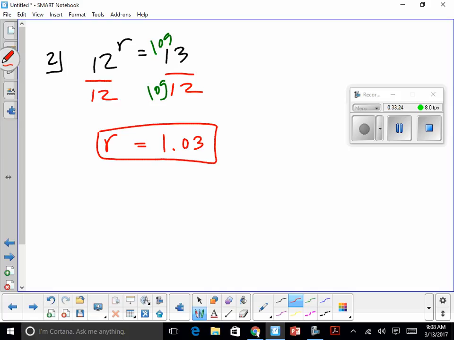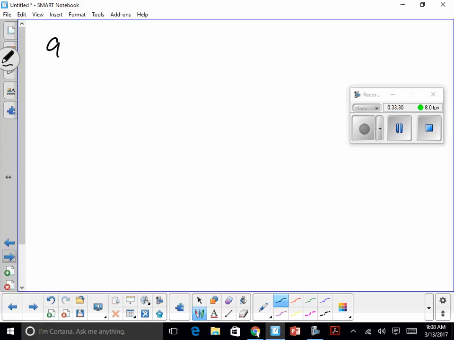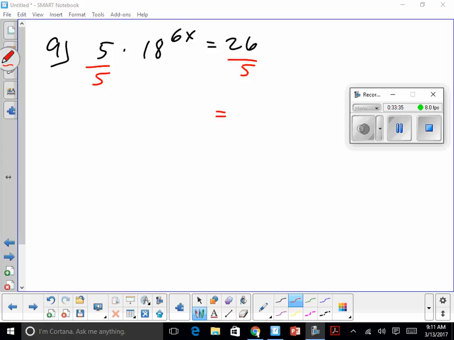Again, 5.2. Here's the 18 and the 6x. Now here's good news for some of you. This 18 raised to the 6x is the number that looks like what we were just doing, where there's a number and a power. Let me back up. There's the 12 to the r.